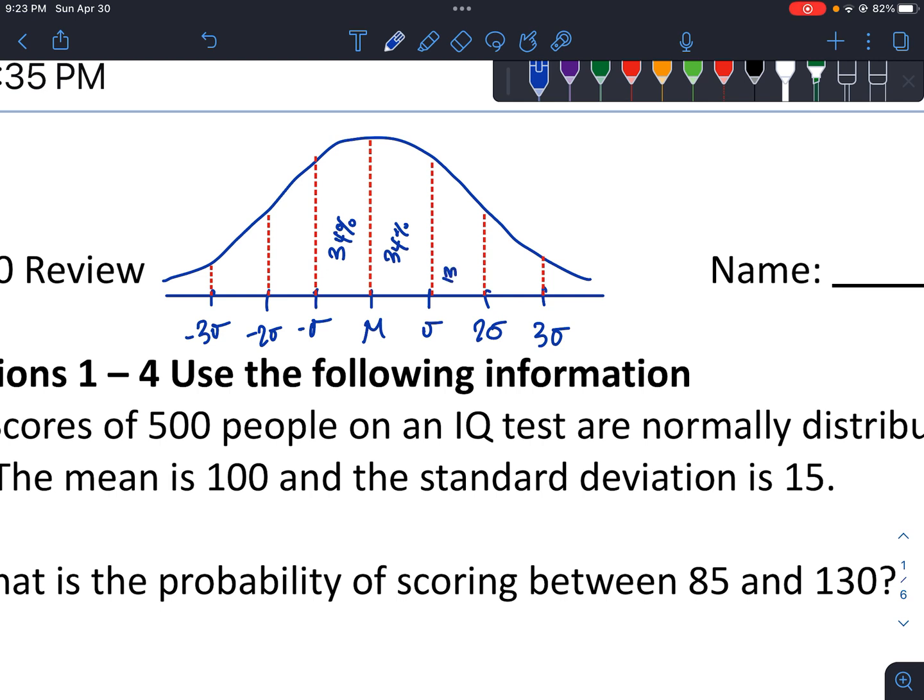Go another step, that's 13.5%. Another one, that's 2.35%. And on the very edges, you'll have 0.15%. I believe those are correct.